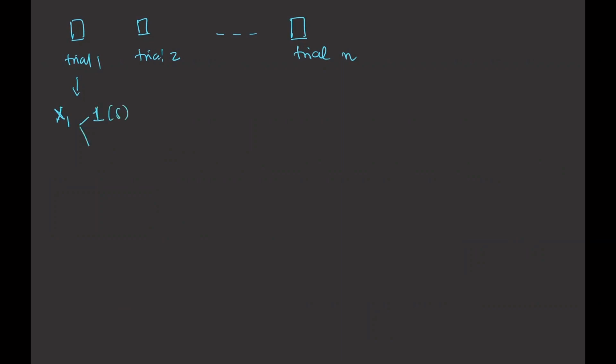If I get failure, then x1 equals 0. Similarly, for trial 2, I let x2 denote the outcome. If in trial 2, I get success, then x2 is 1. Otherwise, x2 is 0. And we do that for every trial in these n trials. So for trial n, I use xn to denote the outcome.